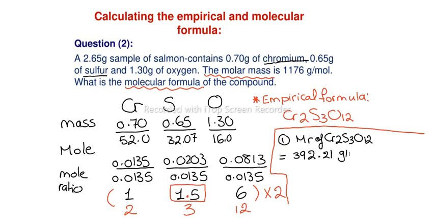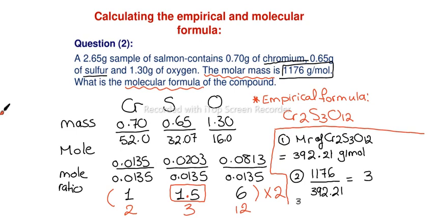gram per mole. Now the second step, you need to divide the molar mass given for the actual molecule. So it is 1176 over the empirical formula molar mass. After dividing, it will become a 3.